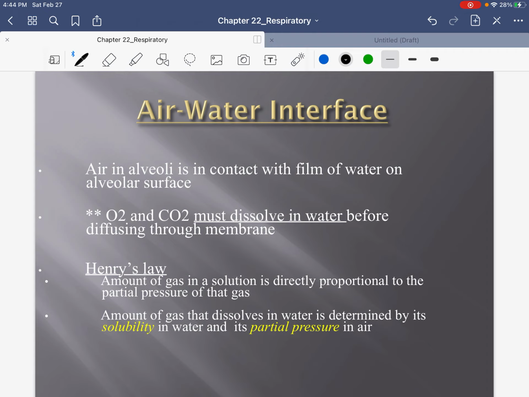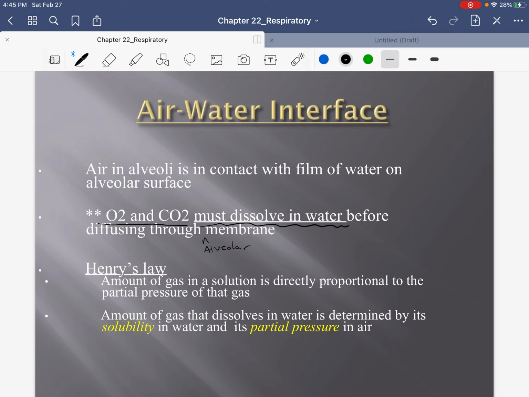Now, we're going to talk a little bit more about this gas exchange. One thing that's important is that these gases must first dissolve in fluid before they diffuse across the alveolar membrane. I already talked about this, remember?